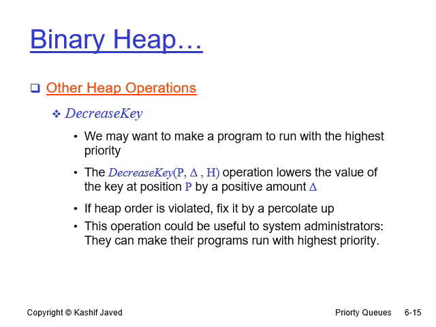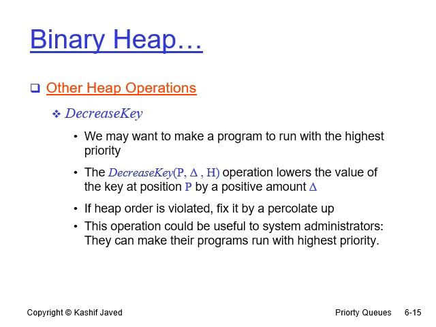If I'm interested in making a program which is running on the operating system to run with the highest priority, now we are looking at the description of these other heap operations in the context of the operating system. So if you are interested in making a program run with the highest priority, what should we do? I will need to decrease its key value, right?